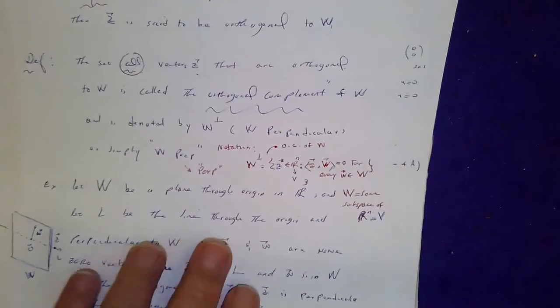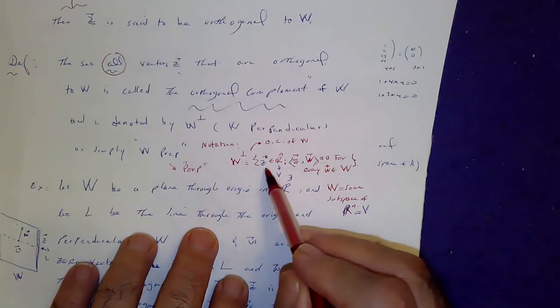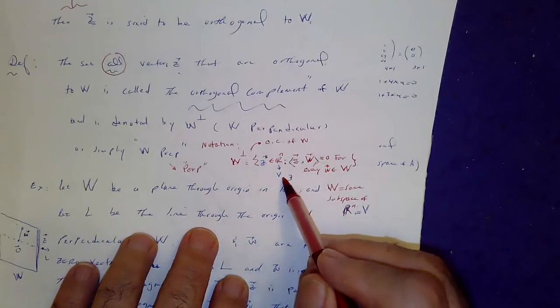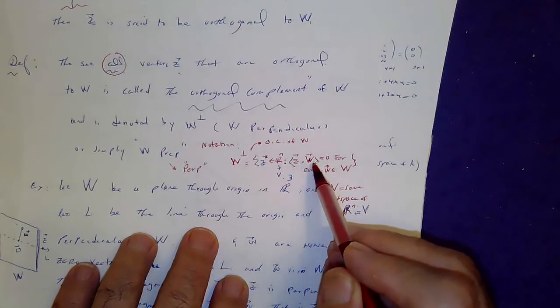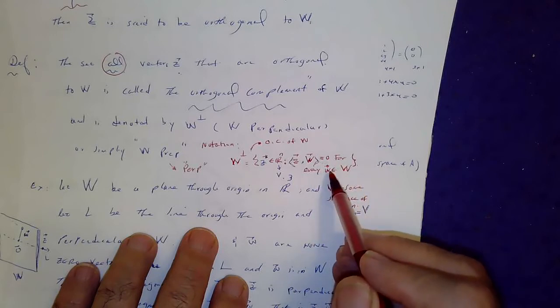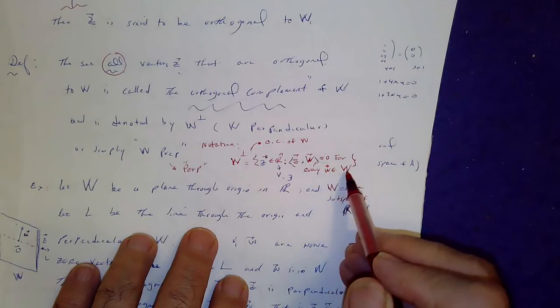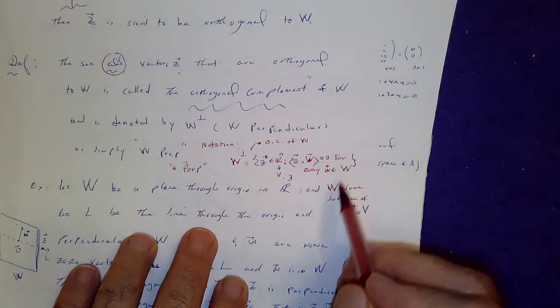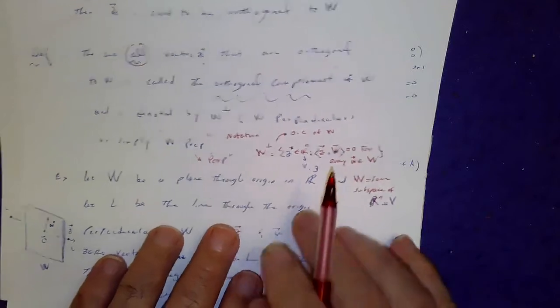So what is the definition? The definition of W perp is all values of z in the vector space V such that the inner product of z and w is equal to 0 for every vector w in the subspace W. This is a little w, and this is a capital W with no arrow, where the capital W is some subspace of your Rn.